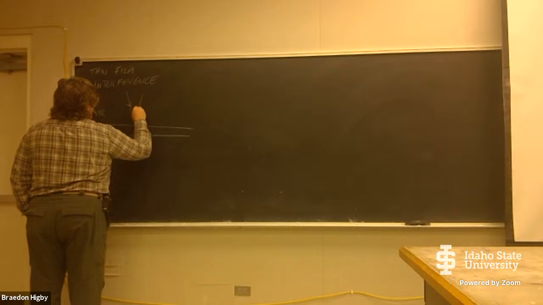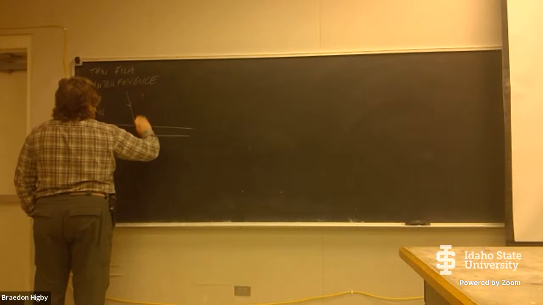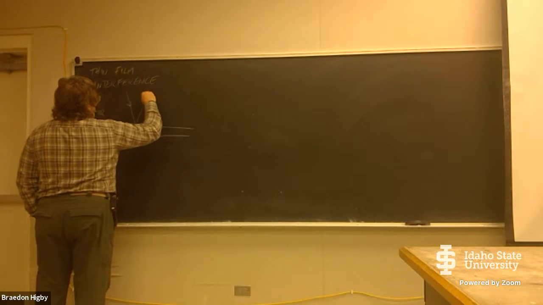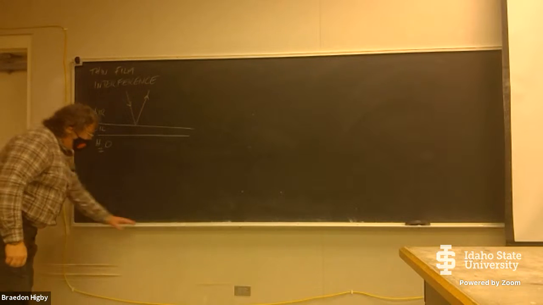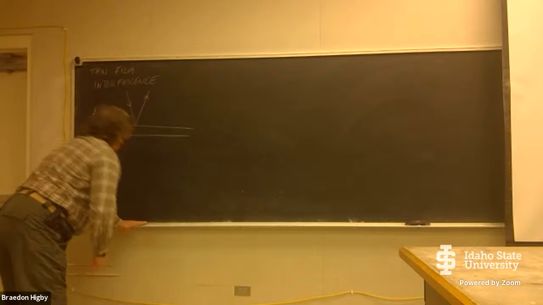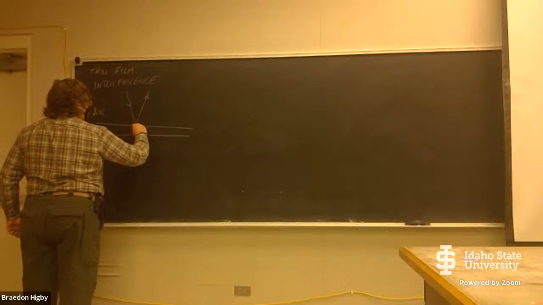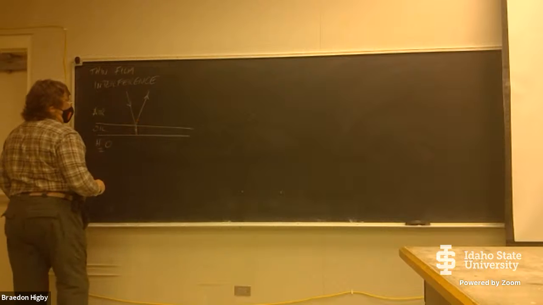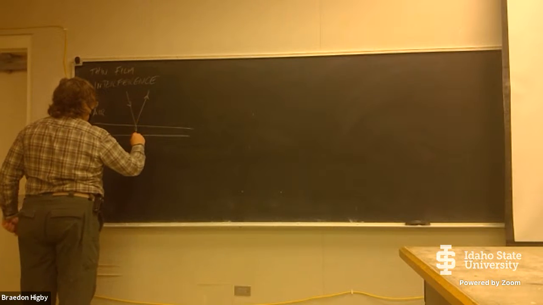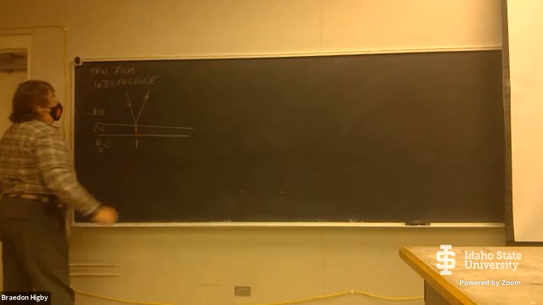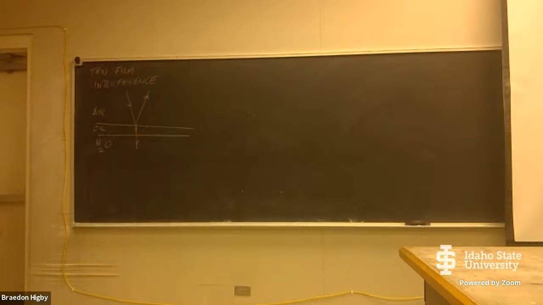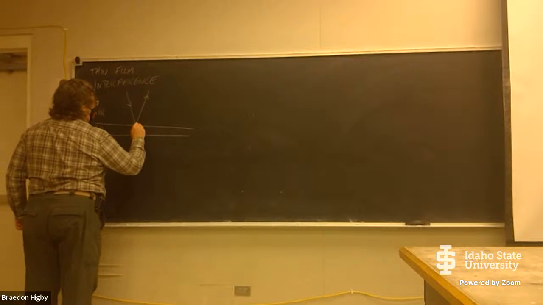And some of that light will be reflected. But you will also get some light transmitted, and some of that light then goes into the water. But you'll get another reflection right here.